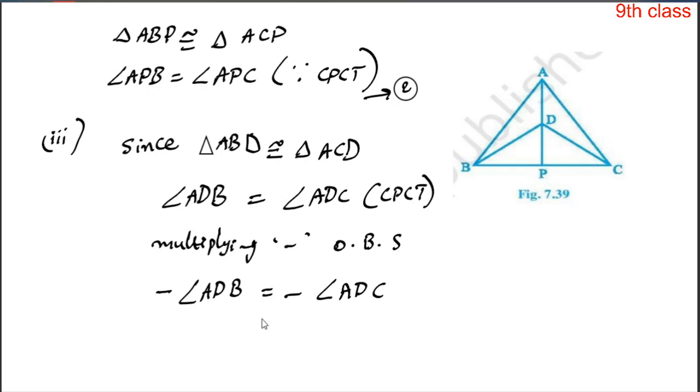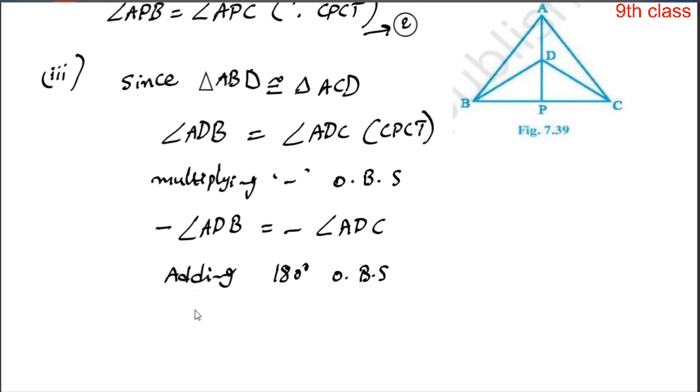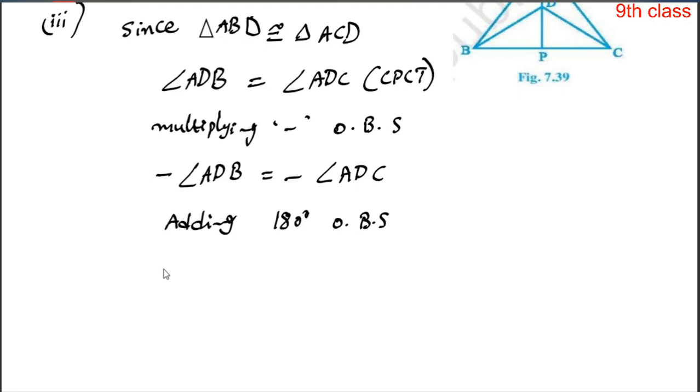Next, we add 180 degrees on both sides of the above condition. So 180 degrees minus angle ADB is equal to 180 degrees minus angle ADC.